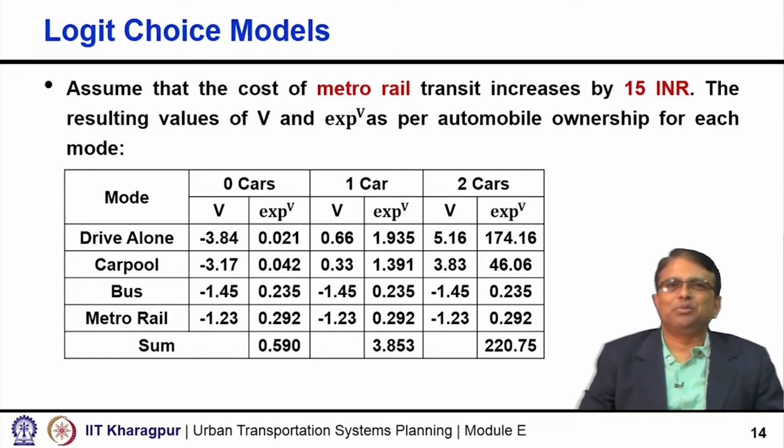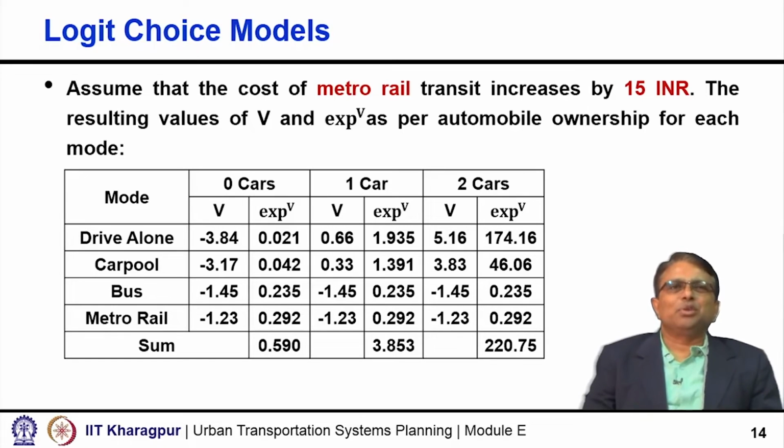Let us increase that 15 rupees fare. But now, we do not go for the aggregate directly, because we know our utility equations are different. 0 car, 1 car, 2 car population is distributed in 3 categories.